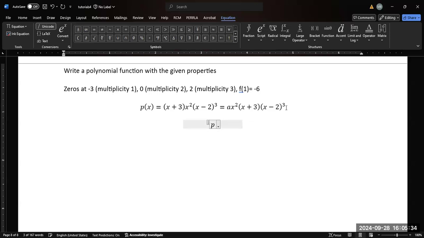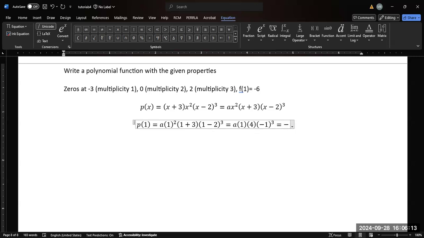So p of 1, in this case, we want to be -6. So we're going to plug 1 in everywhere, and we're going to find out what it is without the a. So a times 1 times 4 times -1 cubed, which is -1.